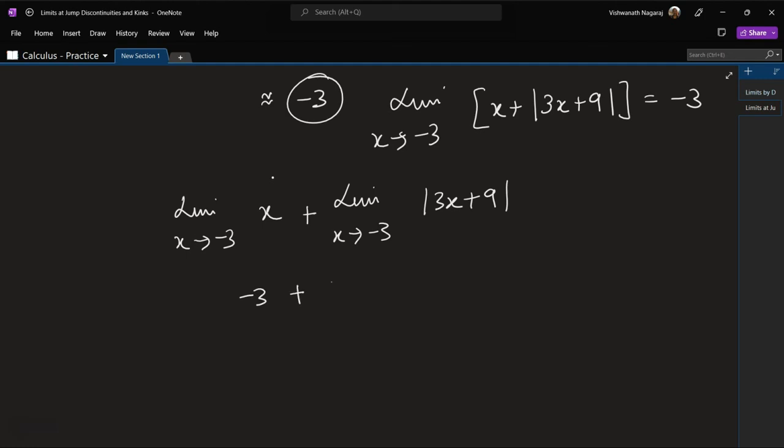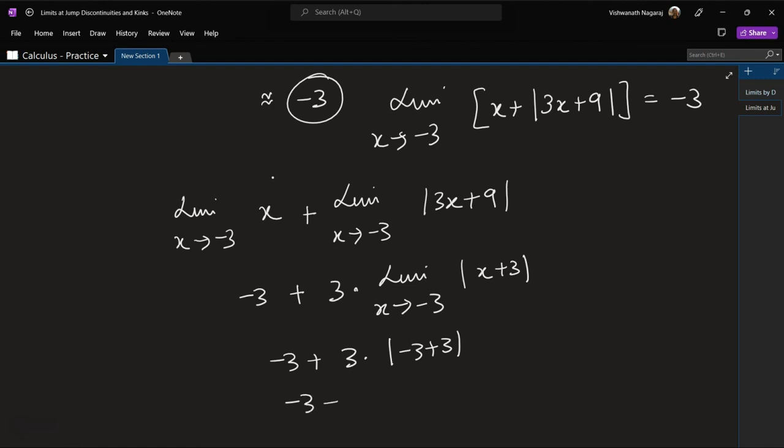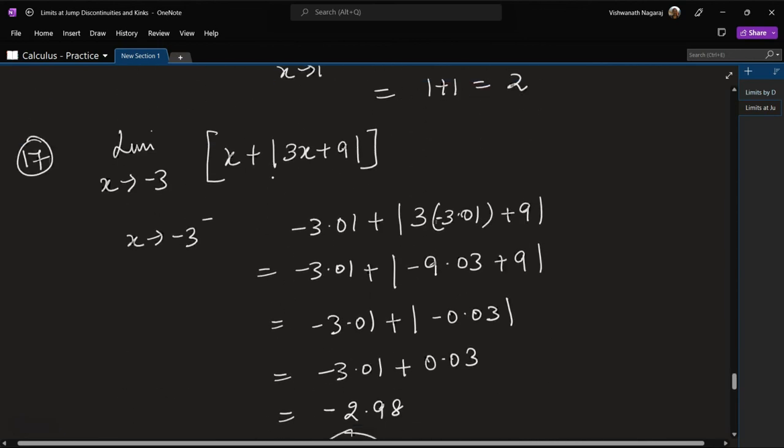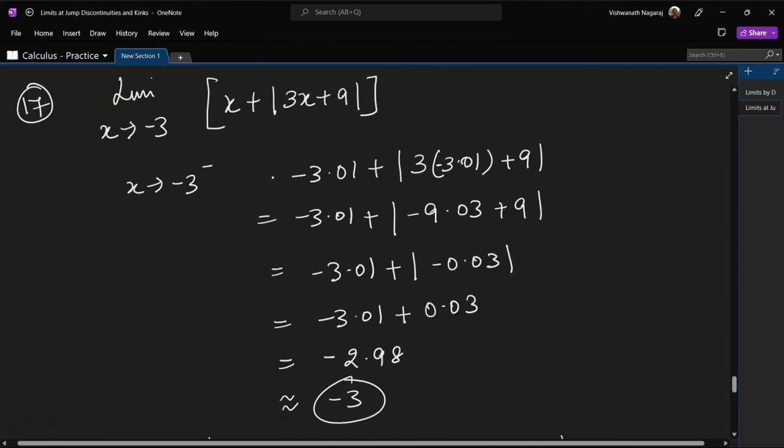Here 3 is common, so we can take it out: the absolute value of 3 times x plus 3. Minus 3 plus 3 times 0, which is equal to minus 3 plus 0, which is minus 3. We could have done it in a much simpler way, but you need to be able to do this type of thing.